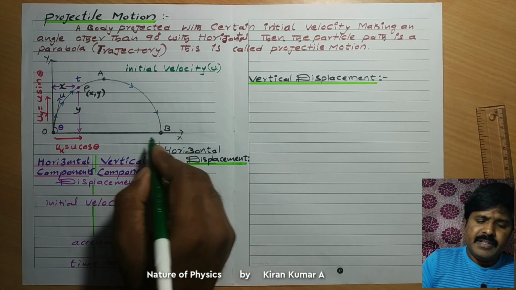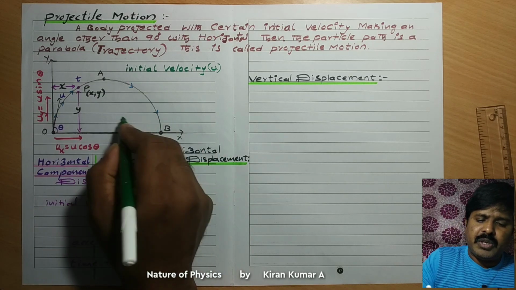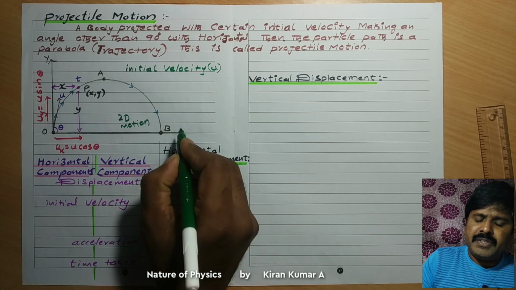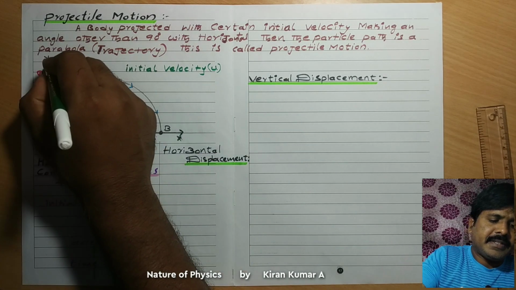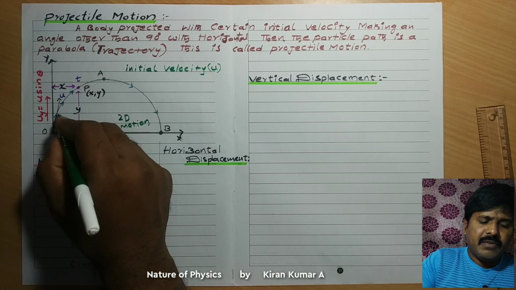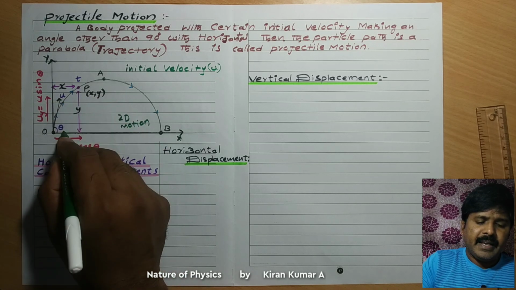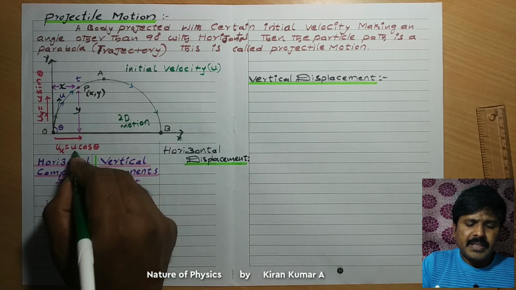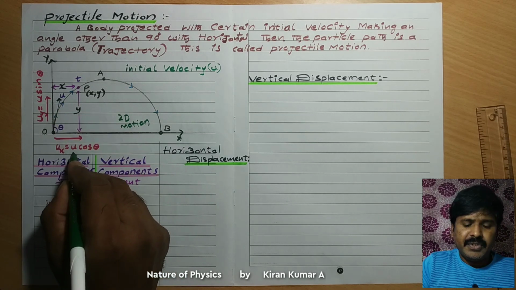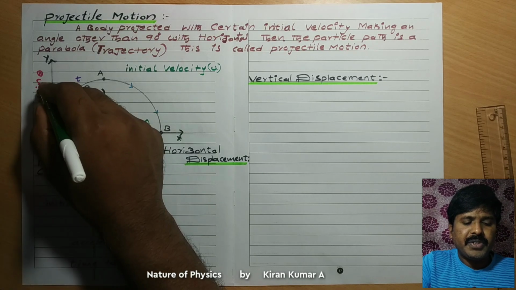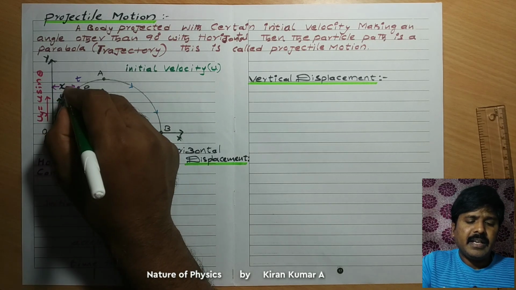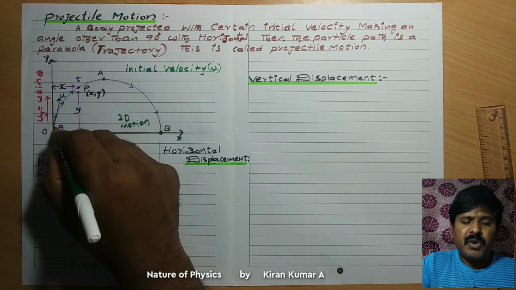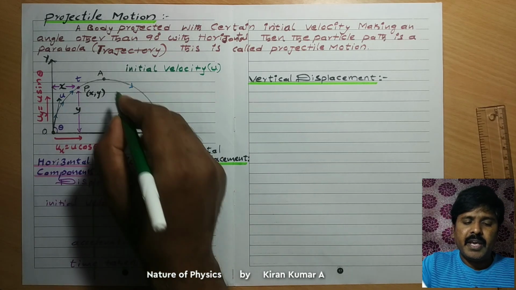Okay, so this is two-dimensional motion, 2D motion, students, in which this is the x-axis and this is the y-axis, and the initial velocity is u making an angle theta with the horizontal, so that the initial velocity is resolved into two components, that is ux is equal to u cos theta, uy is equal to u sin theta, and the horizontal displacement is x and the vertical displacement is y, and the body is moving in a parabolic path OAB.